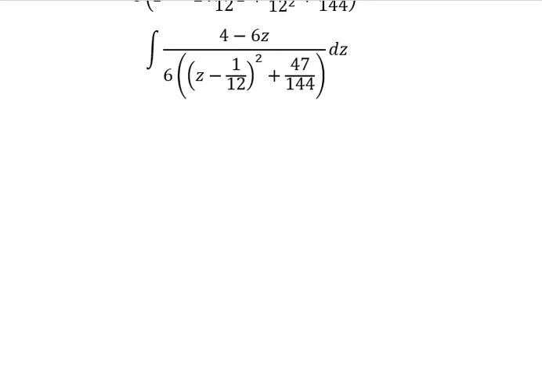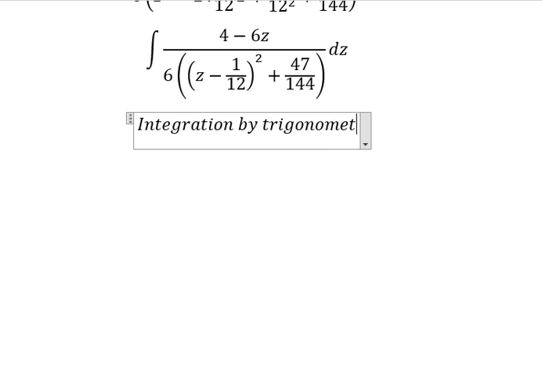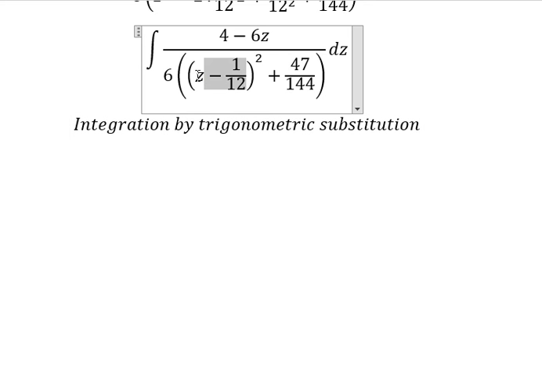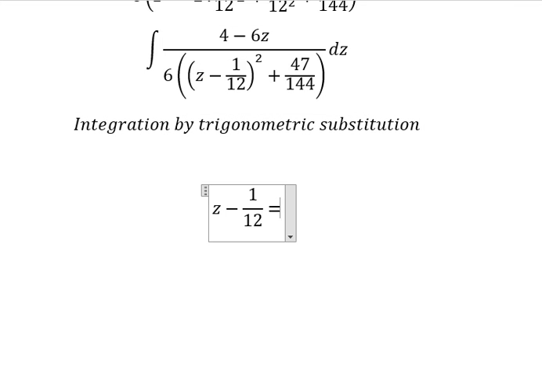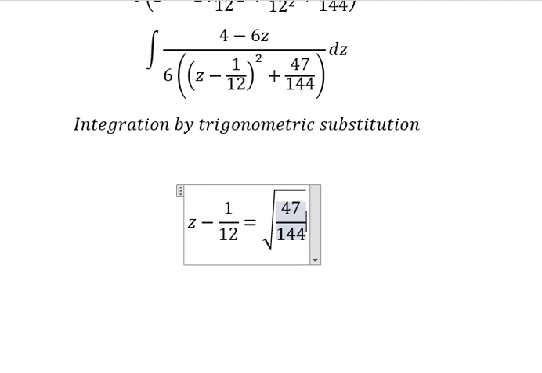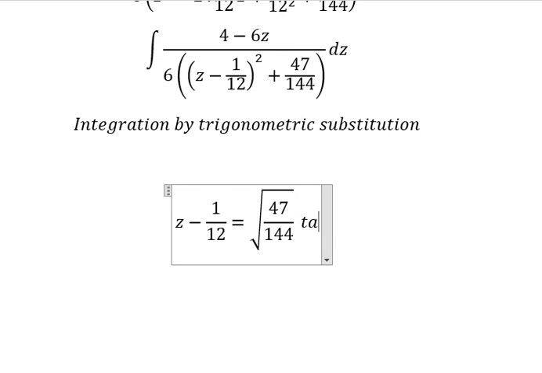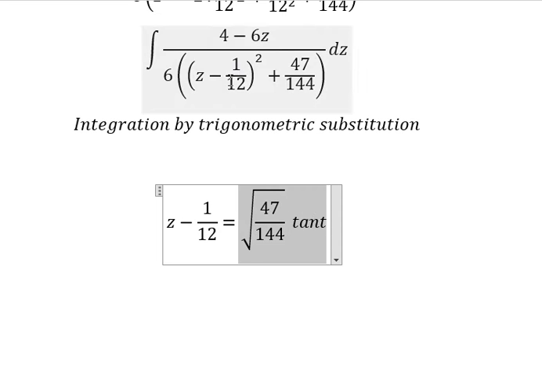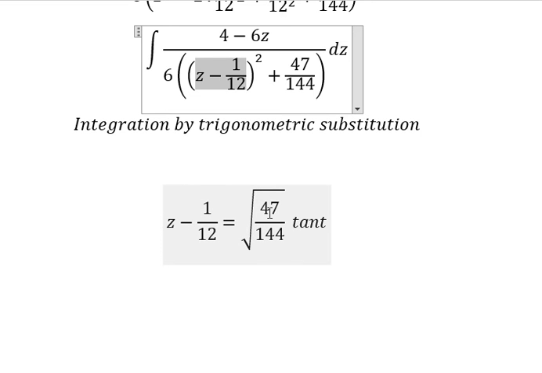Next, we can use integration by trigonometric substitution. So I will put this one equals the square root of 47 over 144, and I will put tan t, because if I put this one go in here, we have 47 over 144 tan t squared.